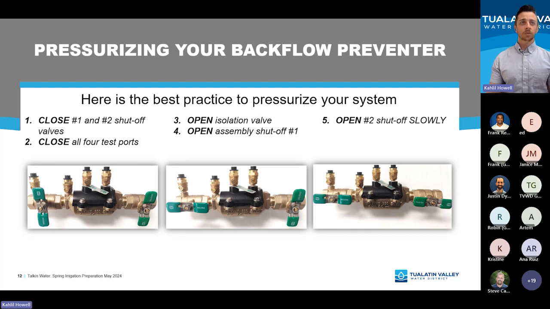At this point, we'd want to confirm that these 4 ports are not leaking, and that the body of the assembly is also not leaking. You can look for a direction of flow arrow on the body of the assembly, or know that this number 1 test port here is always on the outside of a shutoff valve, and that is closest to your isolation valve.